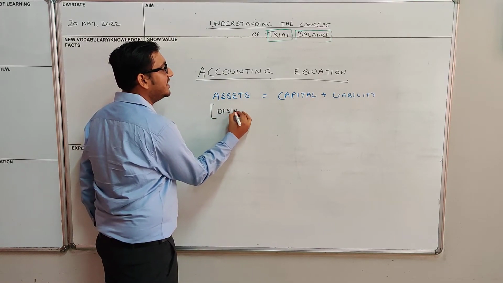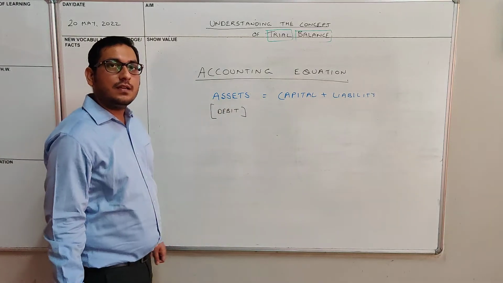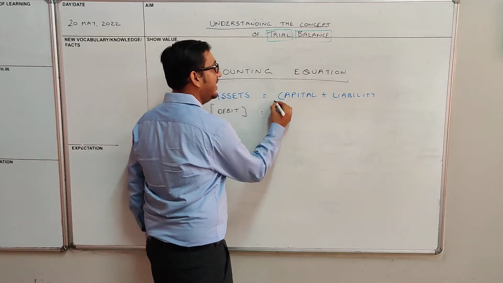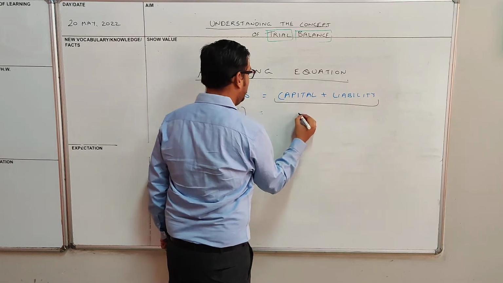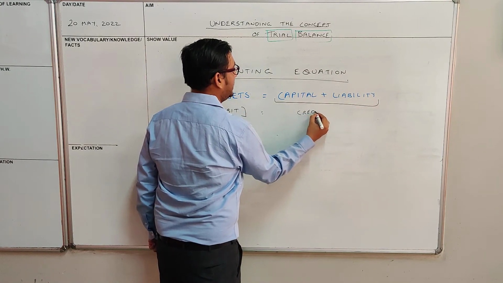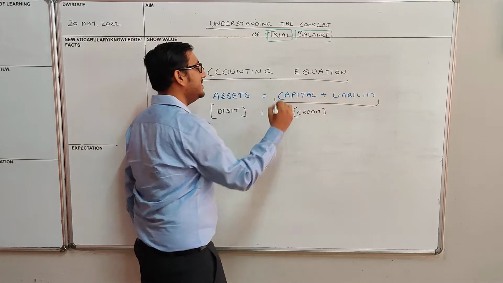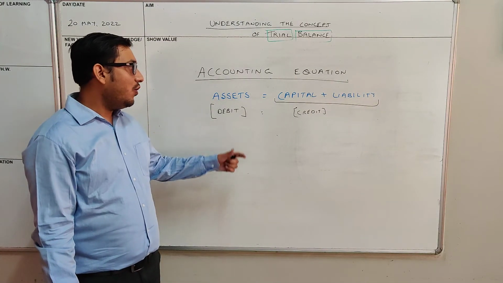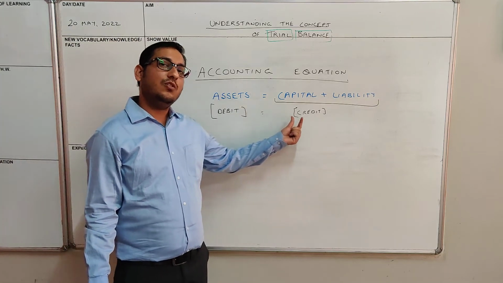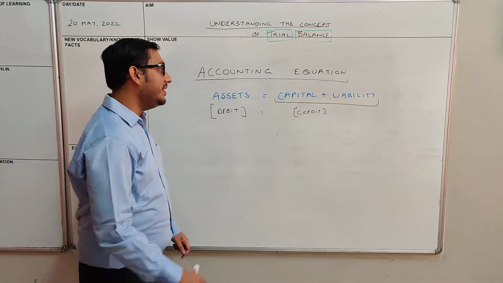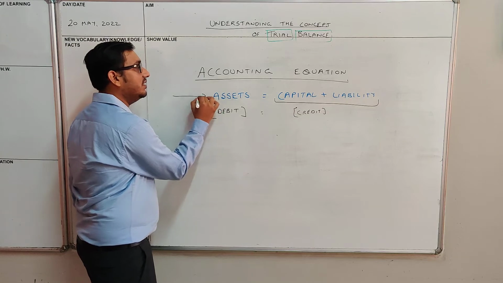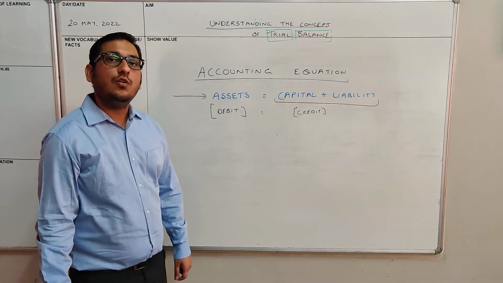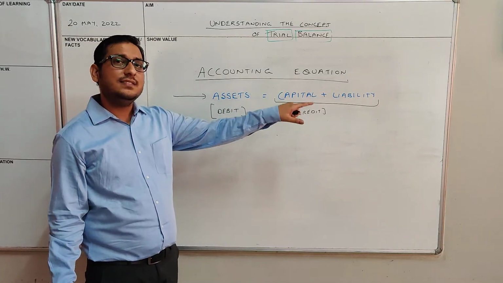So all assets will have a debit balance, and the capital and liability together have a credit balance. As per the principle of duality and the trial balance we have done, debit is always equal to credit. So we can create an accounting equation: assets will always equal capital plus liability.